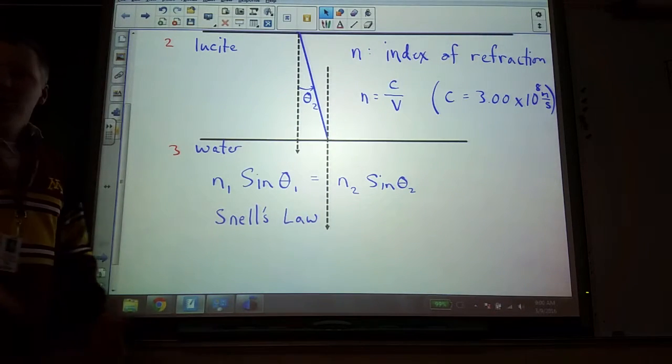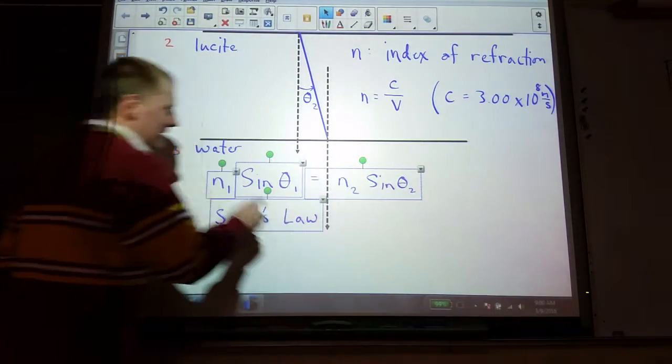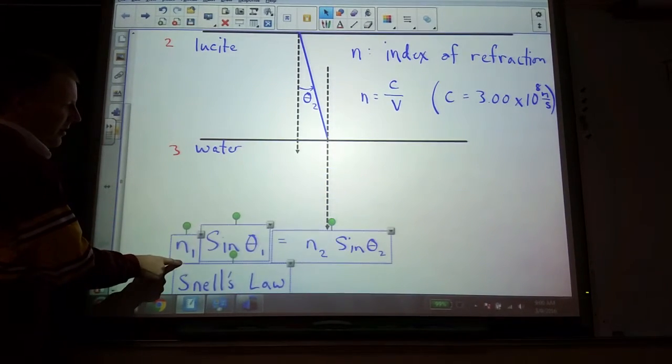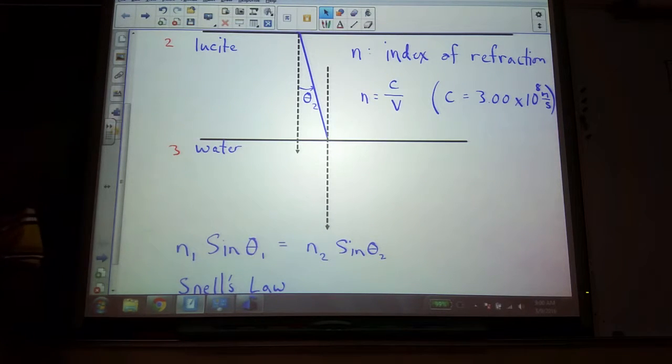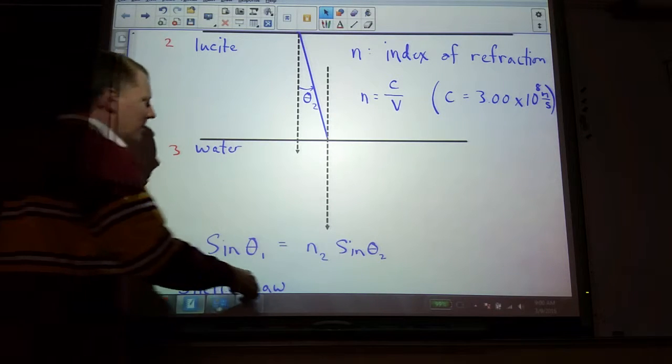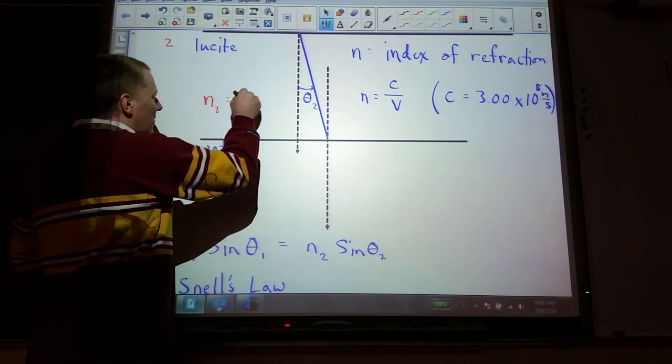So let's see if we can predict something from that based on what we saw in yesterday's, and then we could even do a quick calculation to show it. What did you measure for the index of refraction of lucite? What did you get for that n value at the end? Alex? It was the average of the index of refraction was like 1.47.